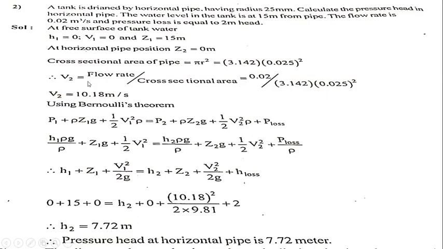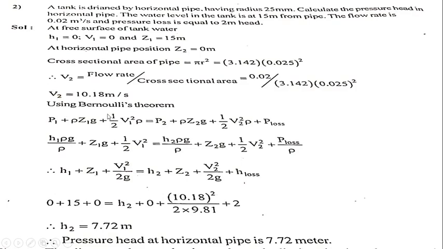Therefore V2 equal to flow rate upon cross sectional area, that is 0.02 upon 3.142 into 0.025 bracket square. So V2 equal to 10.18 meter per second.